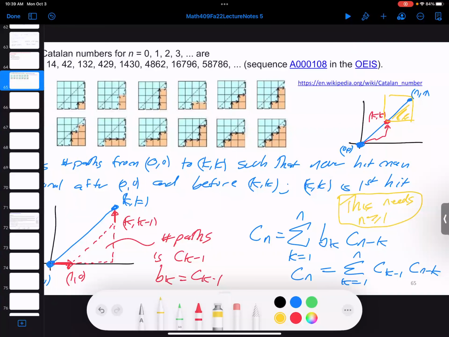So once n is a large number, like 1, then we know Cn is the sum of Ck minus 1, Cn minus k. And we have to define C0 to be 1, because if we want this formula to work, once I am at n, there's nothing more to do. So if I want to multiply by something like this, I need C0 to be equal to 1.